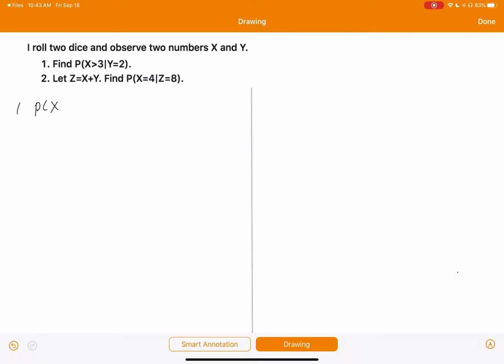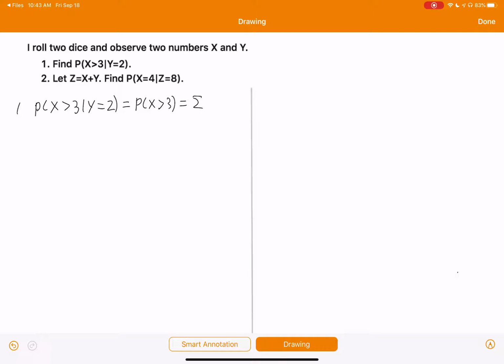Probability x is greater than 3, given y equals 2. Because x and y are independent, this is equal to probability x is greater than 3. And x is greater than 3 means x can take 3 values: 4, 5, and 6.